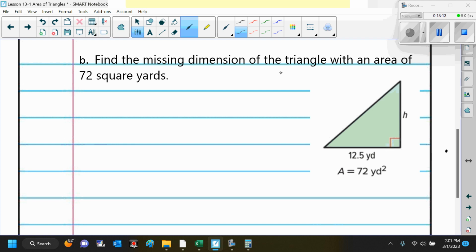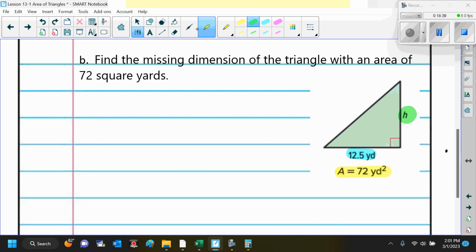So here we want to find the missing dimension of a triangle with the area of 72 yards squared. So we know the area is 72 yards squared. Okay? We also know that the base is 12.5 yards. And we are solving for the height.